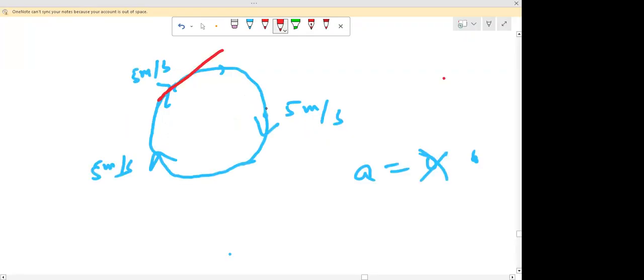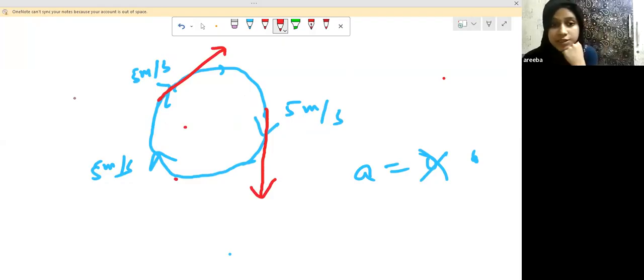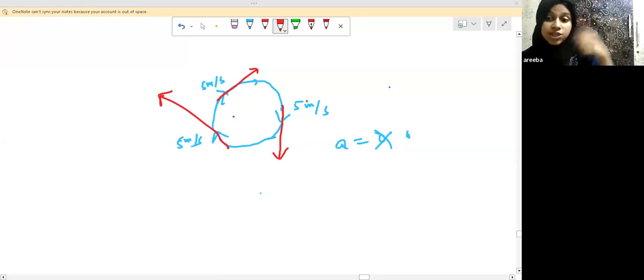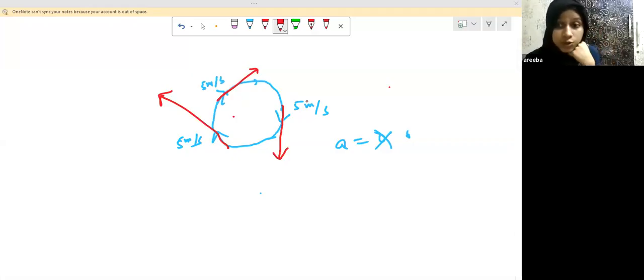And at this point the speed is again 5, but the direction is different. Correct? Yes, ma'am. So that's why we can say that speed is not changing, but velocity is changing. The numerical value of velocity is not changing, but the direction is changing, and as soon as direction changes, we consider that velocity also changes. So the point to emphasize is, yes, there is a change in velocity, but due to direction, not in the numerical value.